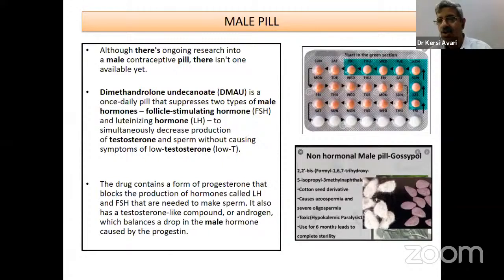Prior to this, there was a compound called gossypol, made from cotton seed extracts. But later on it was found that it was causing hypokalemia, potassium depletion, so it was banned. WHO had spent millions of dollars on research on gossypol. It was severely affecting male fertility, and the testes were deprived of sperm.